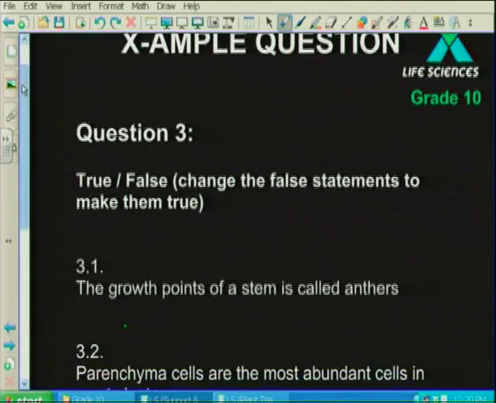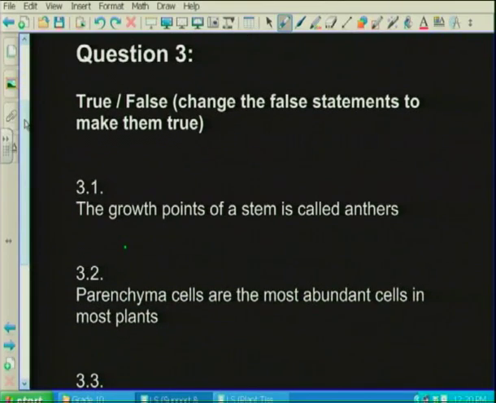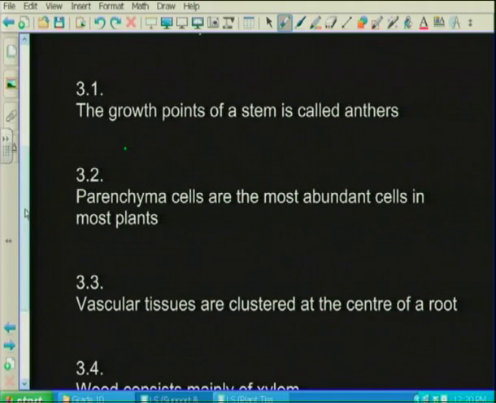Now question 3 is a true-false kind of question. So what they say is change the false statements to make them true. So you now have to go through each of these questions and see what is wrong with them. So question 3.1. The growth points of a stem is called the anthers. First of all, we have to go through these questions and see which is true and which is false, so that we don't change the one that's wrong right.